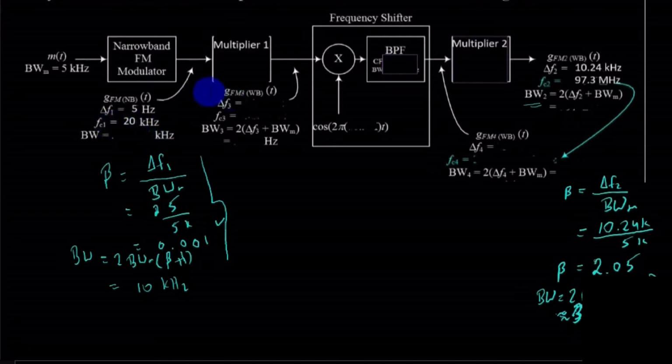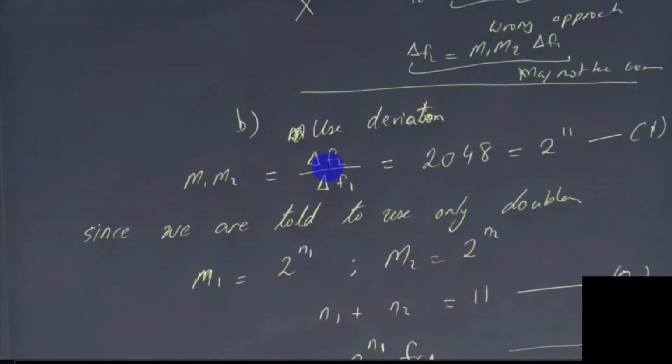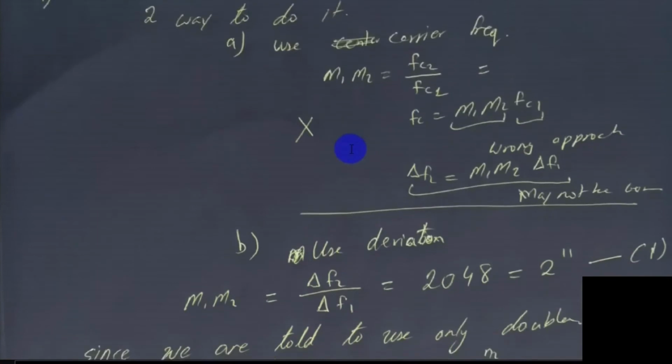Note that in this scenario, we can achieve FC2 from FC1 from the multipliers as well as in combination with the frequency shifter, or by use of the local oscillator over here. So this is actually the approach that we need. The division has to be in terms of frequency deviation, because the frequency shifter does not play any role in it. So this is our second method, that is second approach, which is the correct approach.